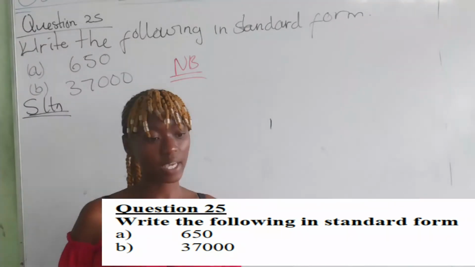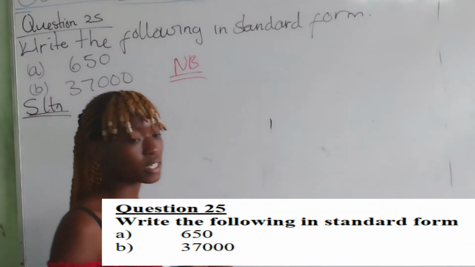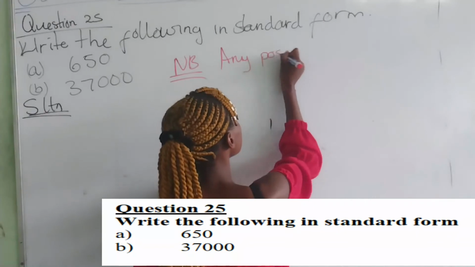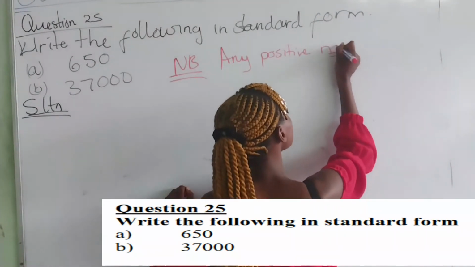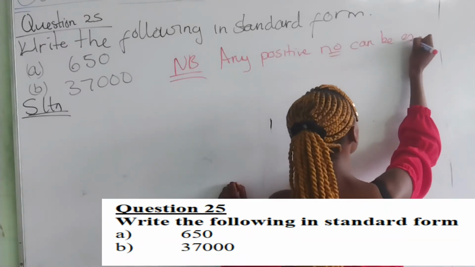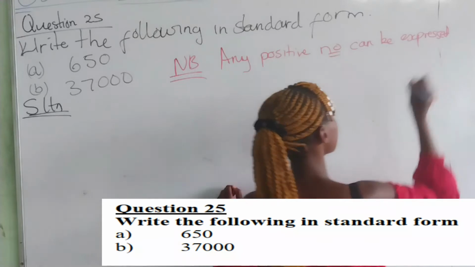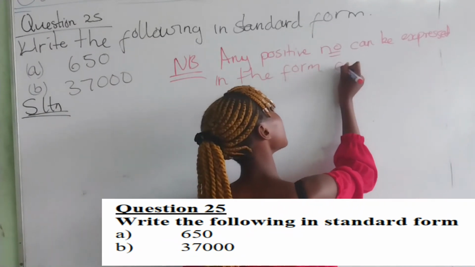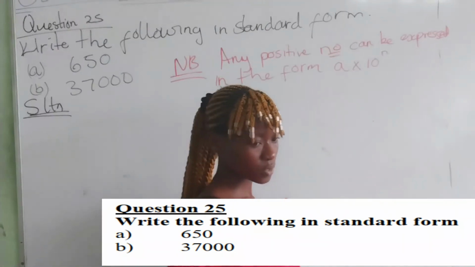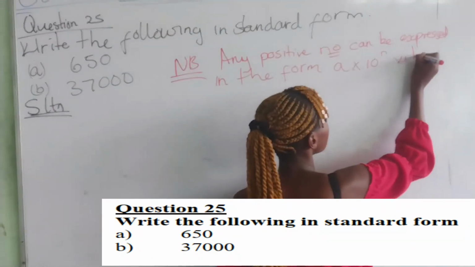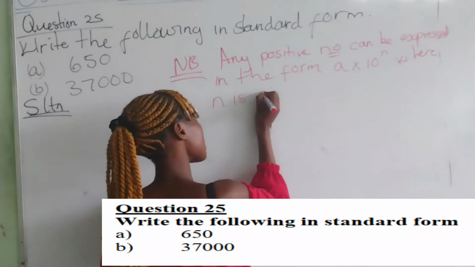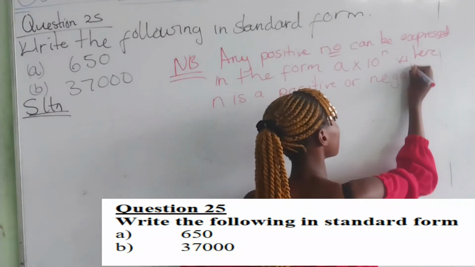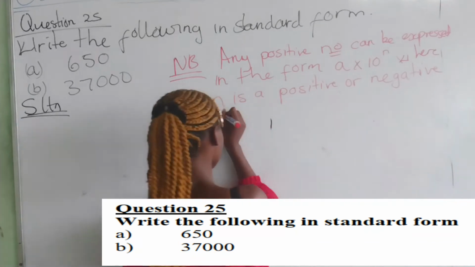Any positive number can be expressed in the form A times 10 to the power n, where n is a positive or negative integer.